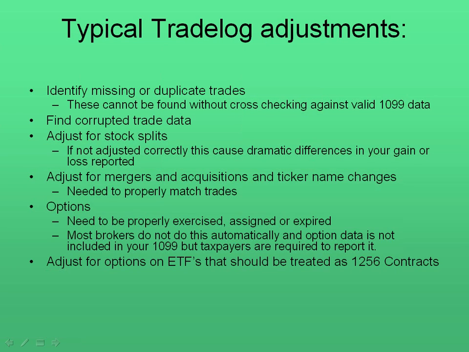Now, if you call the brokers, that's why they'll tell you they're making corrections for income distributions. What's a dividend? What's a capital gain? Tradelog doesn't do that. And that's a very big job to have a corporate master. But so that is a little extra work you need to do with Tradelog on your own.